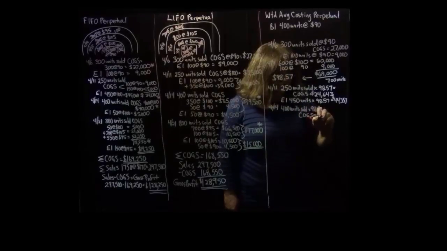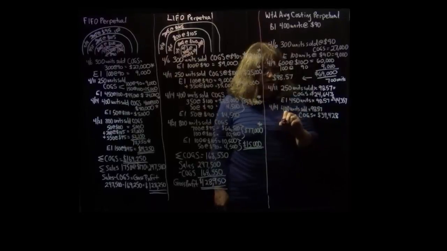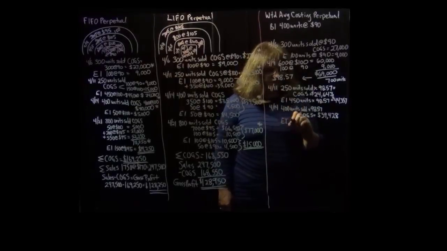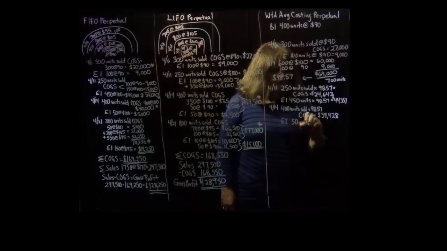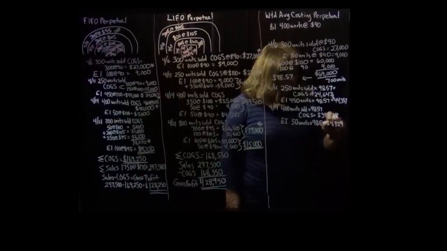And that's going to total $39,428. The ending inventory is then going to consist of 50 units remaining. We'll multiply by the $98.57, and that will give us ending inventory at that point of $4,929.